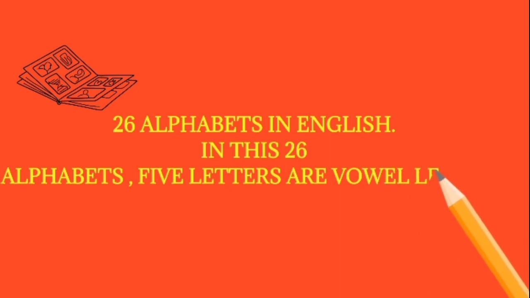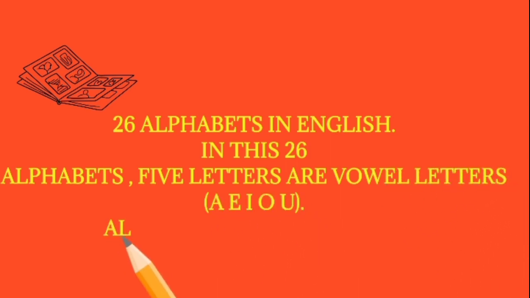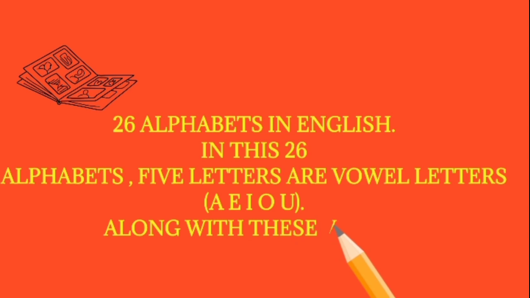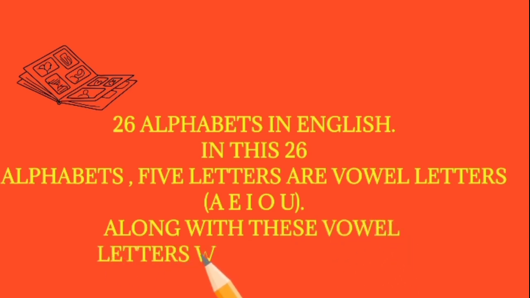Among these alphabets, especially A, E, I, O, U, only these 5 alphabets are considered vowel letters. Along with vowel letters, we always use an article, but only on a condition. What is that condition? Let us see.